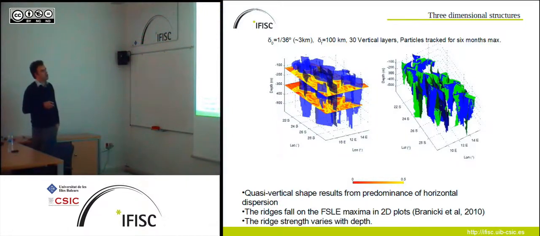So in this picture, it's just the same, but here you have the stable, the unstable structures, and here you have the unstable together with the stable structures, meaning blue unstable, green stable, and you can see that they practically follow this complex pattern of the finite-size Lyapunov exponent fields.